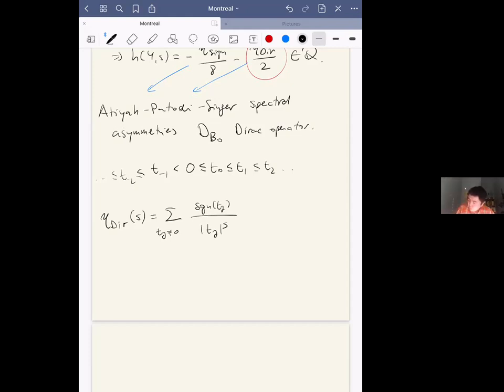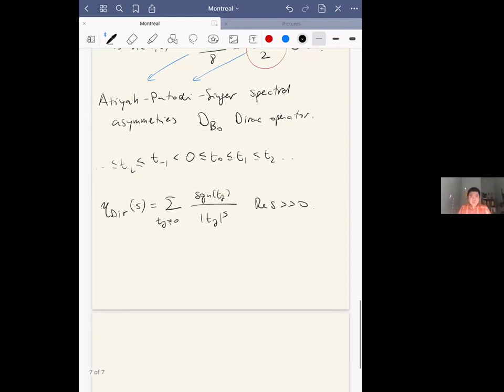This is a holomorphic function defined for real values of s large enough. If you plug in s equals 0, you get a sum that doesn't make sense, but it's really the number of positive eigenvalues minus the number of negative eigenvalues. So eta of Dirac is defined to be the value at 0 of the analytic continuation.